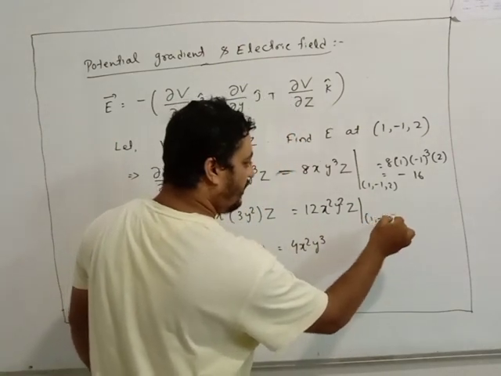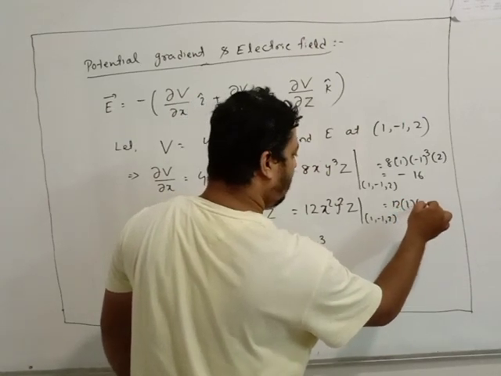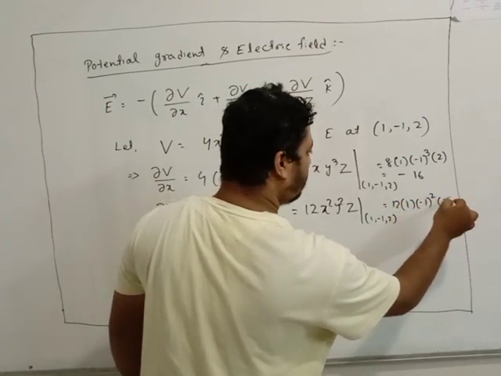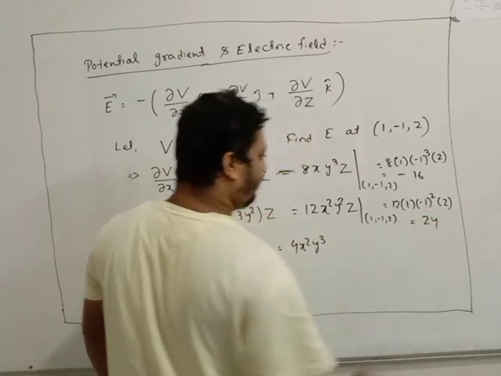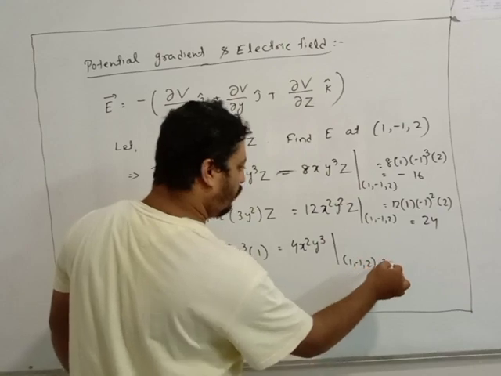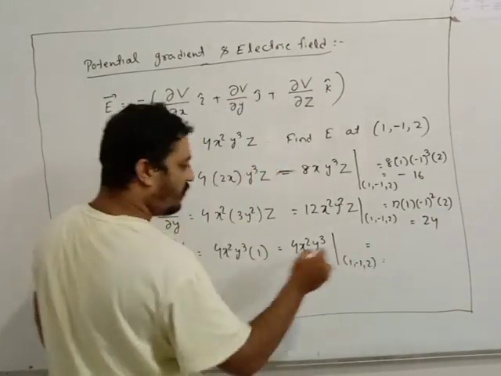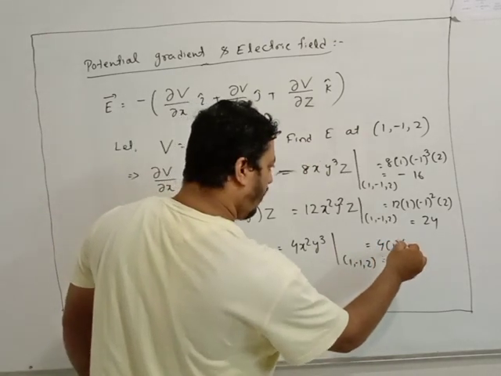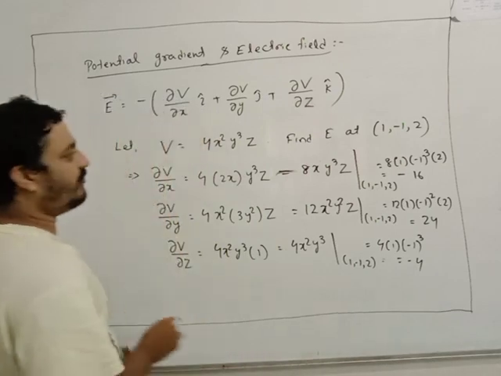At 1, -1, 2, it will be 12 into 1 into -1 square into 2, which becomes 24. This at 1, -1, 2, 4 into 1 into -1 cube, that is -4.